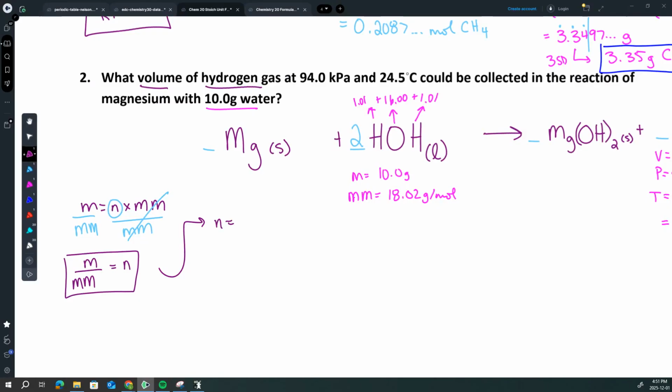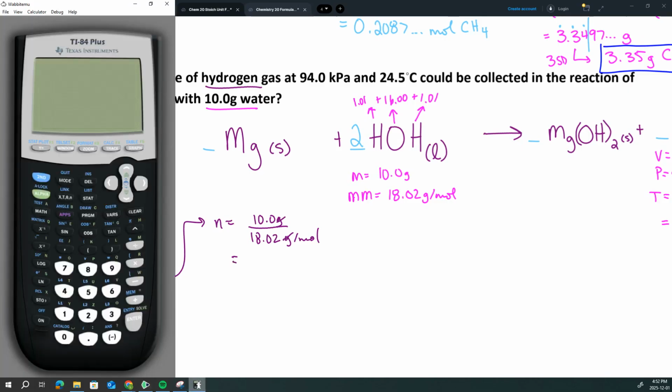So let's plug in our numbers. Our mass, that was 10 grams, divided by a molar mass, which is 18.02 grams per mole. The grams are going to cancel out. And let's put that into our calculator.